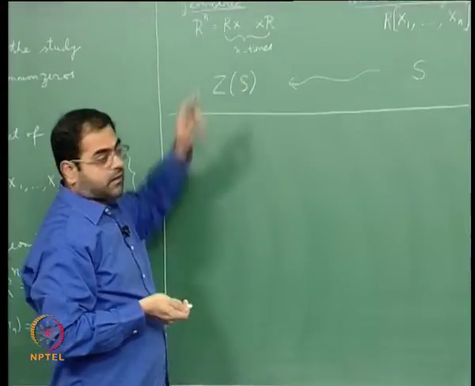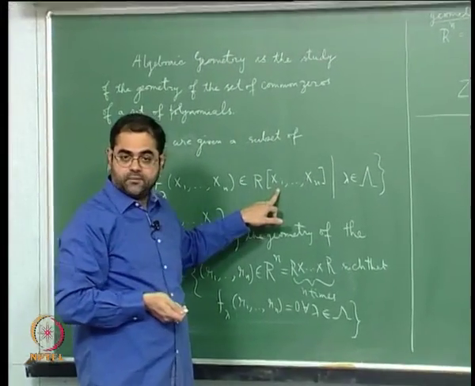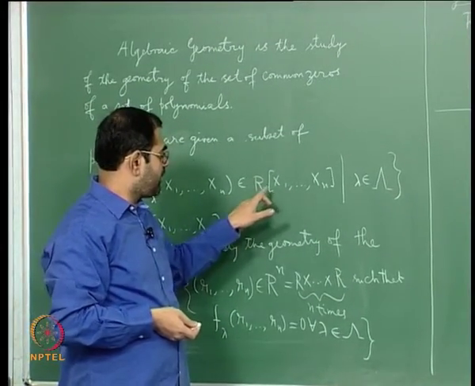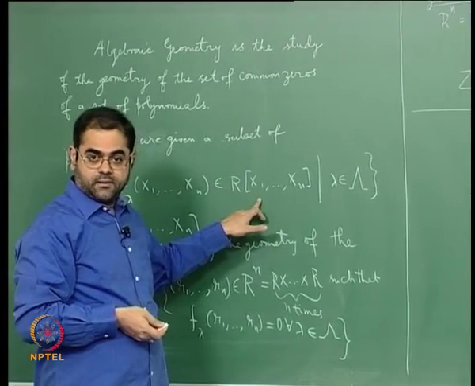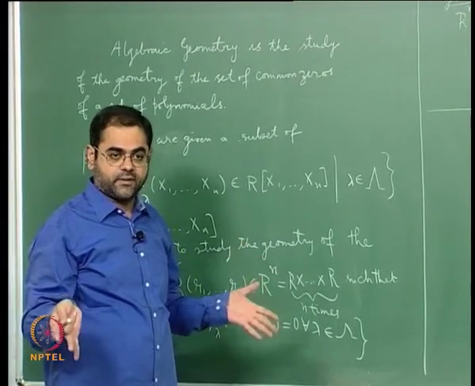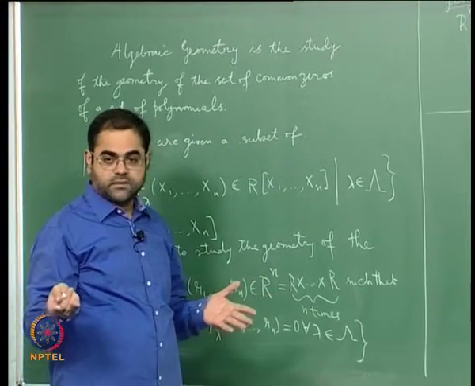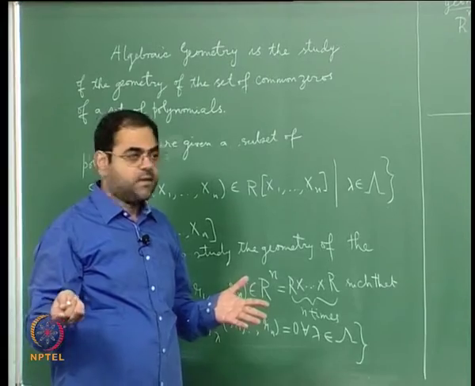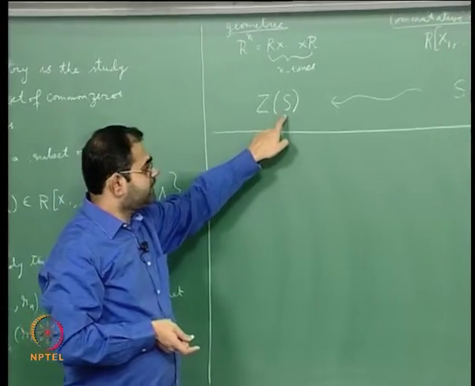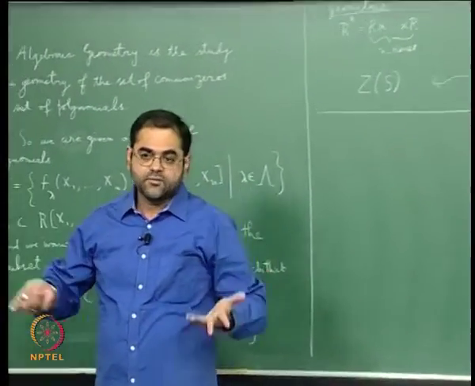For example, if you take the ring R to be the real numbers, and if I take just one variable, x1, and the equation x1 squared plus 1, then you know that it has no zeros in real numbers, because the zeros are non-real, they are complex, okay. So it's very possible that if you work over a general ring, this particular zero set can turn out to be empty, and then there is nothing to study, okay.